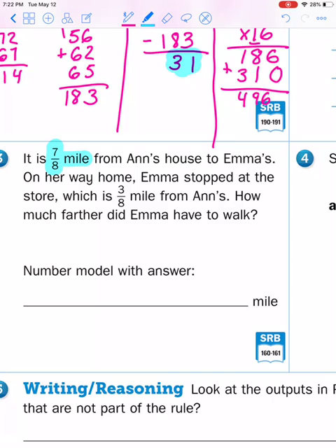So on her way home, Emma stopped at the store, which is 3/8 mile from Anne's. How much farther did Emma have to walk? So you would do 7/8 minus 3/8, which would give you 4/8.